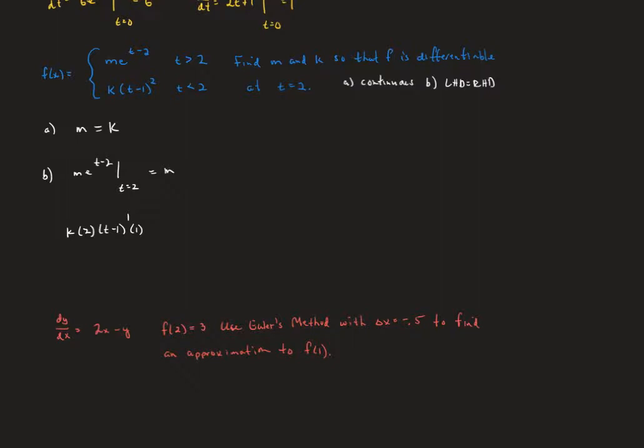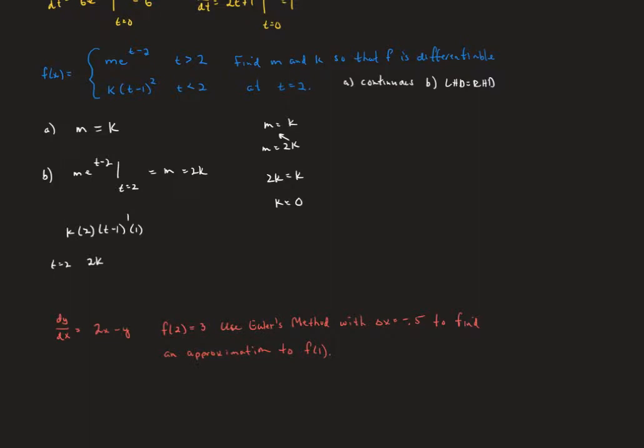When we evaluate this at t equals 2, we're going to get 2k. So we have that m is equal to 2k. So if m is equal to k, and m is also equal to 2k, that means if I substitute that in, 2k is equal to k, that must mean that k is equal to 0.